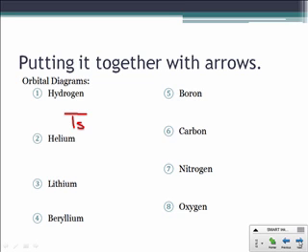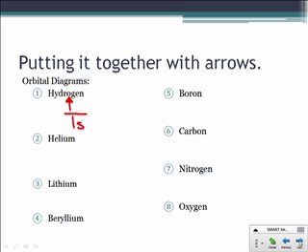Hydrogen contains one electron, so that means one arrow pointing either up or down, it does not matter. And that is the orbital diagram for hydrogen. It shows us that we have one electron in the 1s orbital, and it's spinning whichever direction it happens to be spinning. So how does that differ from helium?